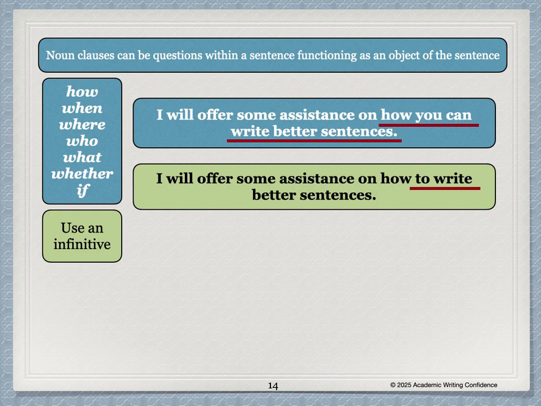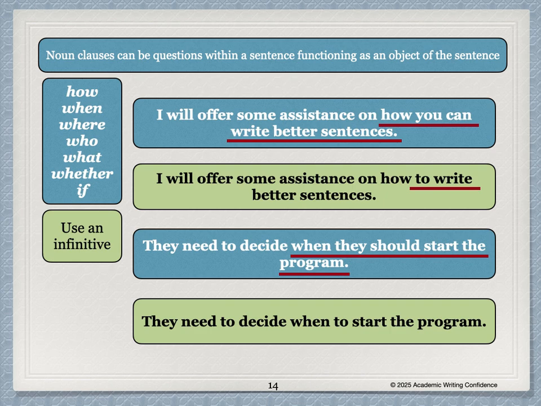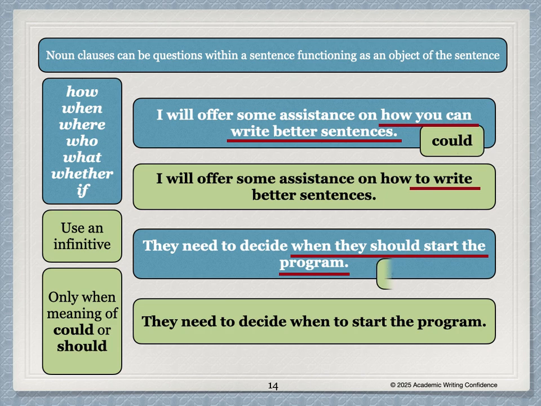Here's another example. They need to decide when they should start the program. Here is how it might be reduced. They need to decide when to start the program. Remember, we can only use this method when the meaning is could or should.